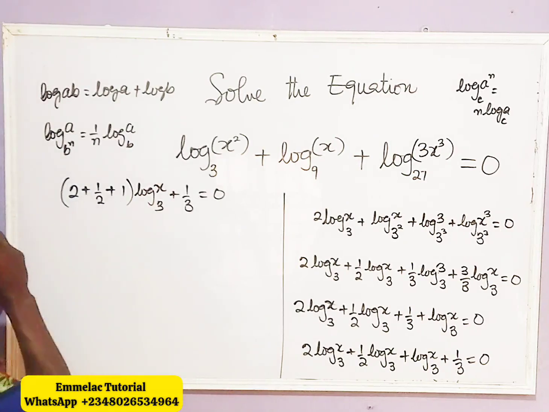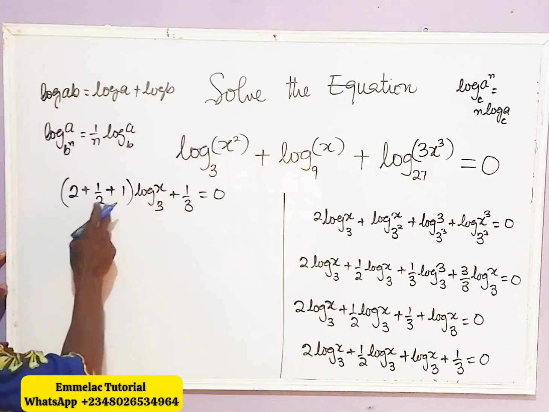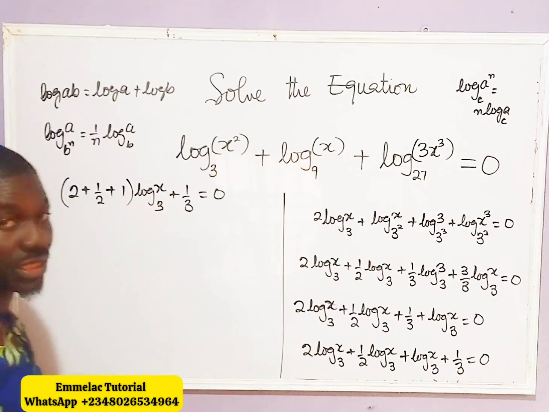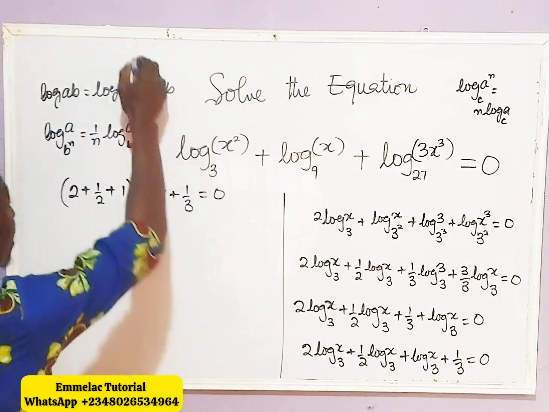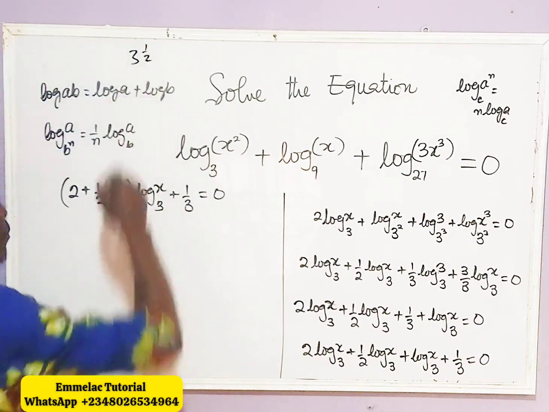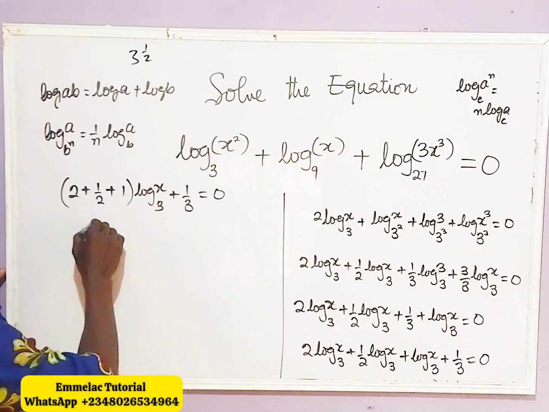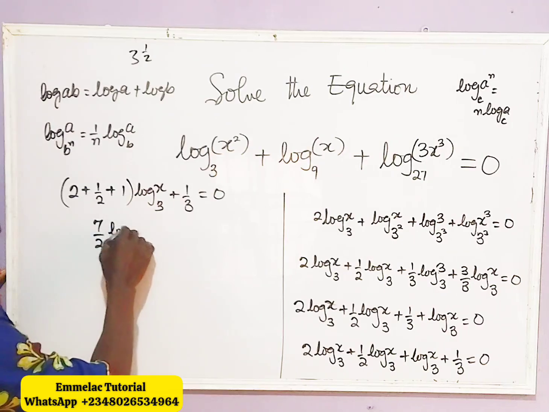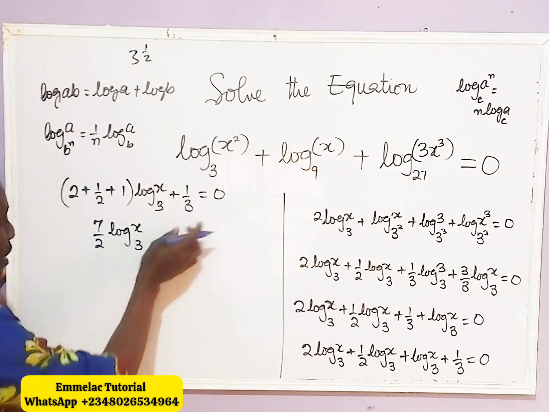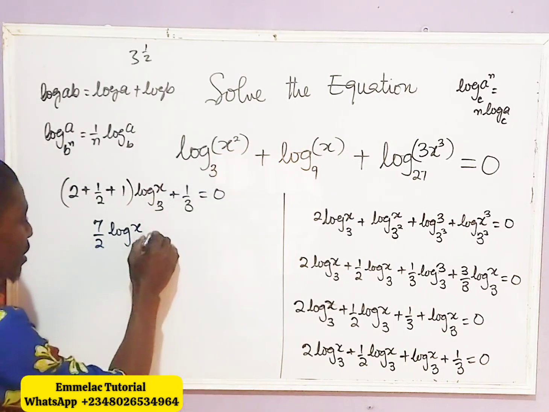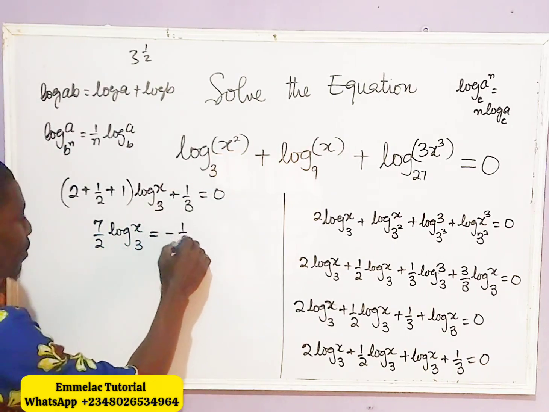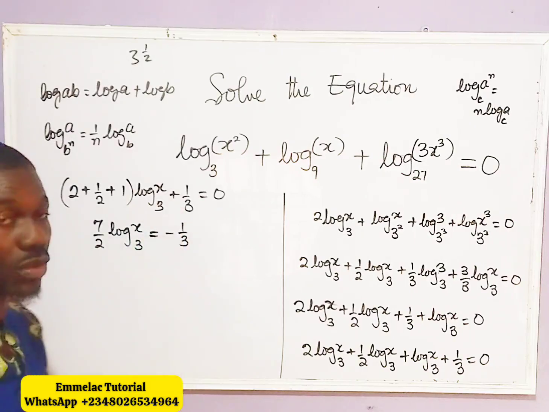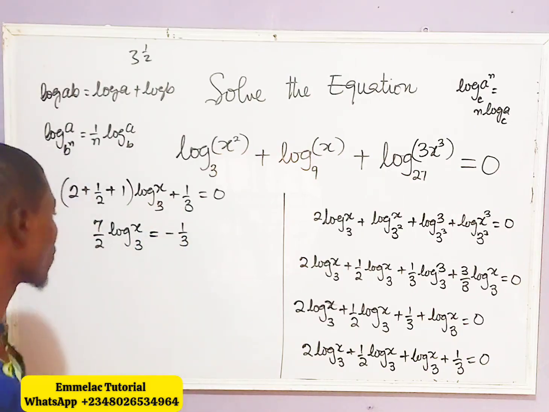Adding these here, 2 plus a half plus 1, this should give us 3 and 1 over 2, which will give us 7 over 2 log x base 3. Now taking this to the right hand side, we have negative 1 over 3, subtracting 1 over 3 from both sides of the equation.